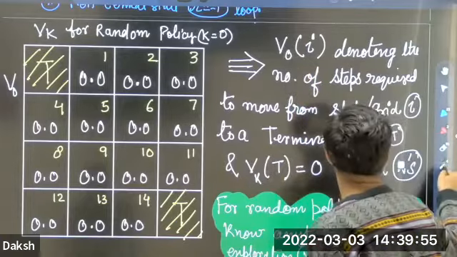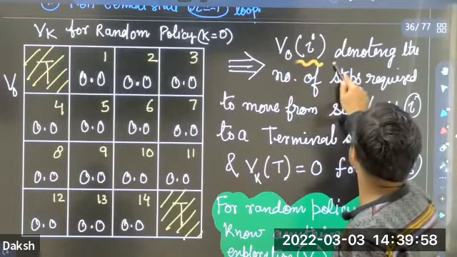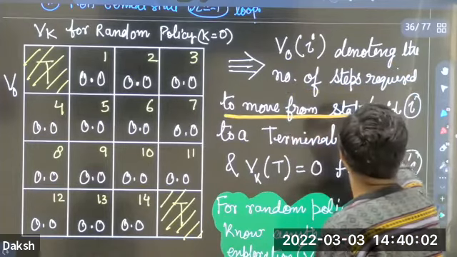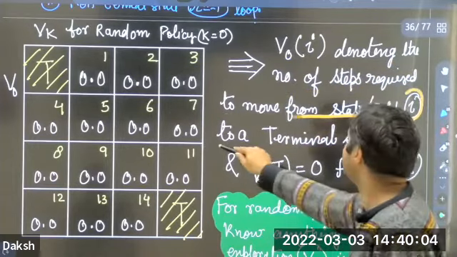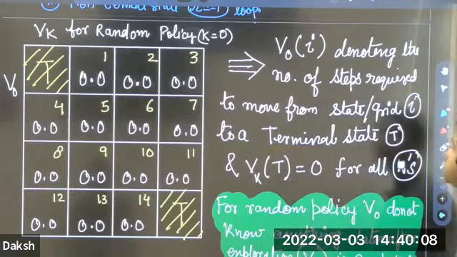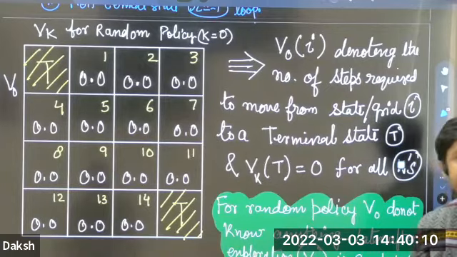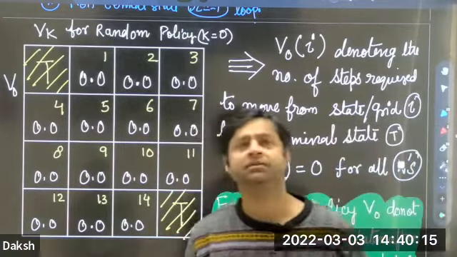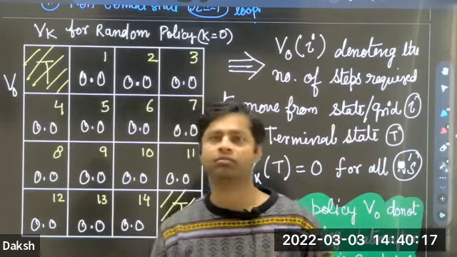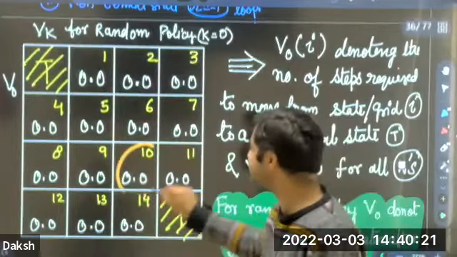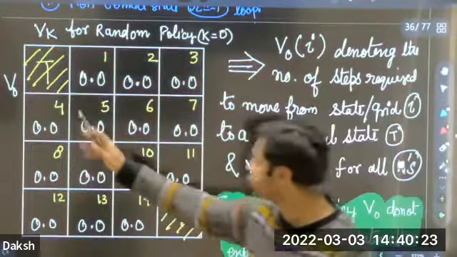Achha. What is the meaning of this? V0 of i denotes the number of steps required to move from the grid state to a terminal state T. What's the difference between a value function and a policy? Policy is just telling where to go, what action to take. Value function is telling how good or bad a state is. What is your policy?